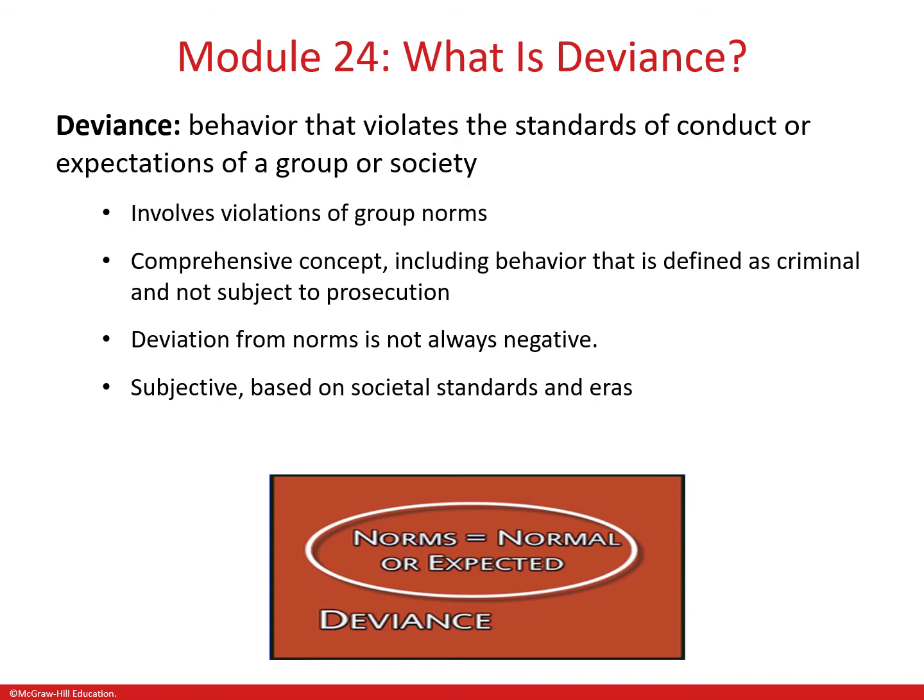Now, deviance is subject to social definition within a particular society and at a particular time. In other words, what is considered deviant at one point in time may become more acceptable socially at another point, and vice versa.